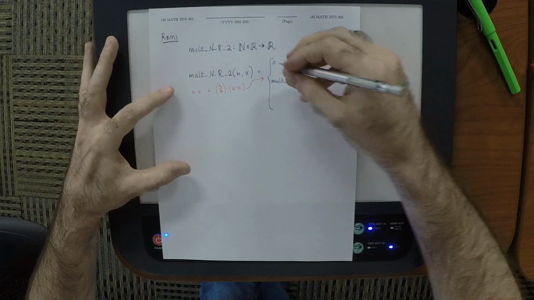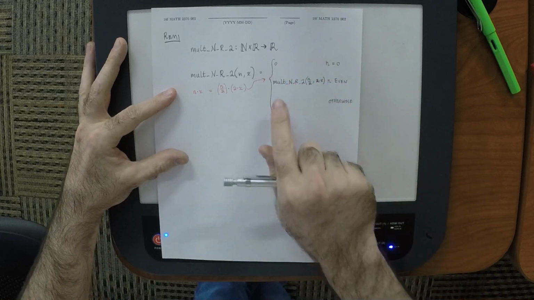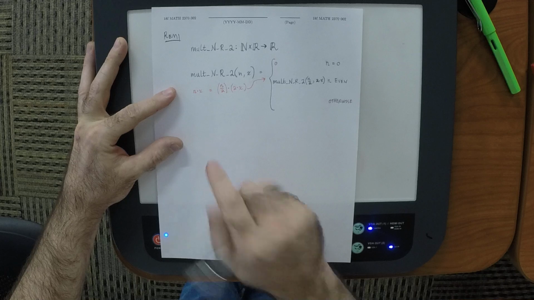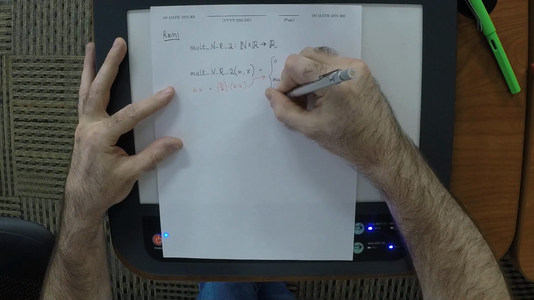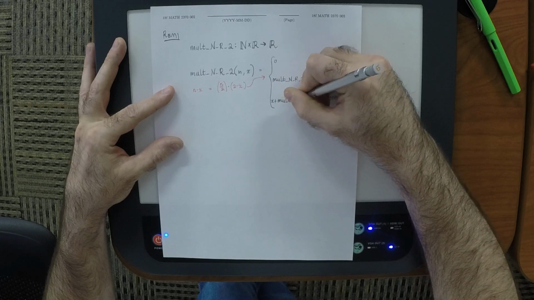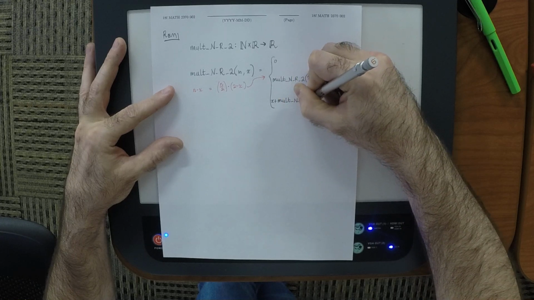Otherwise, we're going to do the exact same thing as mult in R, where we just take out an x. And say, okay, this will be x, and then plus mult in R2.